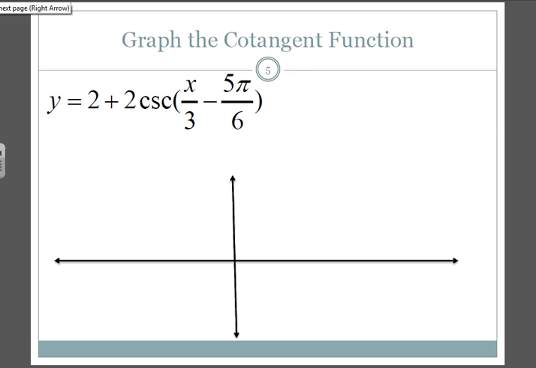First thing I always tell you guys to do is deal with your vertical shift, if there is one. There's a vertical shift of 2. So I'm going to mark my graph.